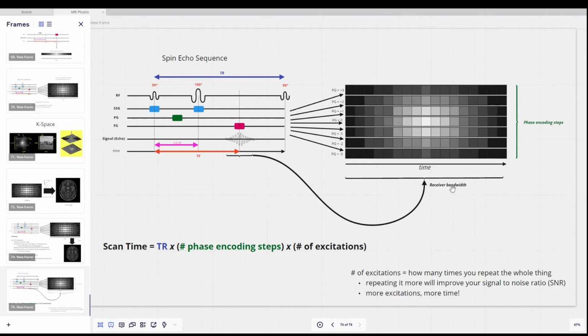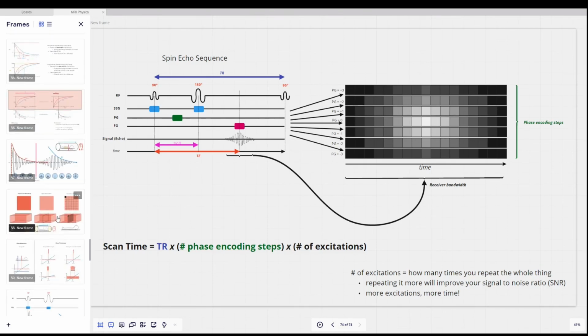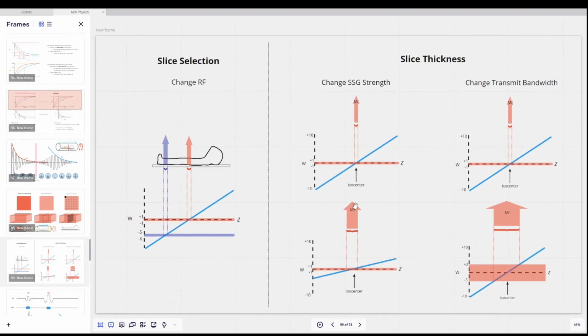And remember, we talked about receiver bandwidth here, but we talked about another bandwidth, right? And that was transmit bandwidth. That's not the same thing. They're both called bandwidths, but they're not the same thing. Remember, transmit bandwidth was this. It was what range of frequencies you're transmitting your RF pulse at, and that determined slice thickness, remember?